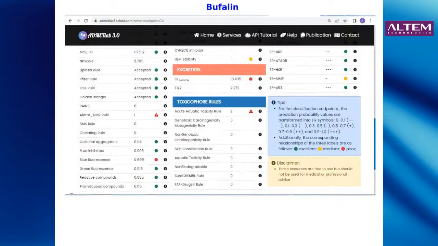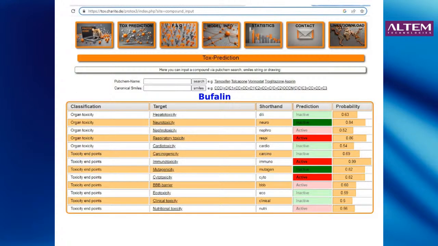It gives you a visual green, amber or red signal, just to make the profiling easier. And there is another website for prediction of toxicity, this ProTox 3 website.